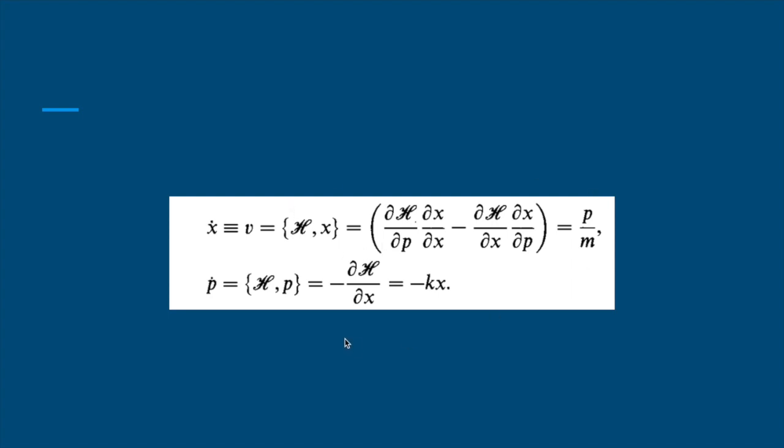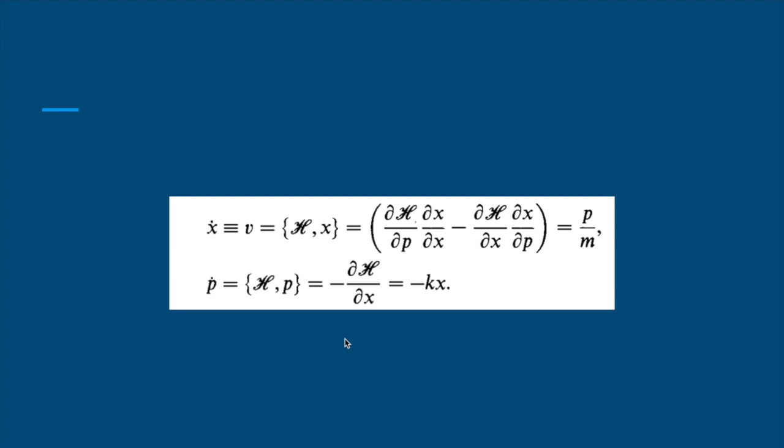Now that we have this, we can write a linear equation in terms of C1 and C2. I will come to what C1 and C2 are. So x of t and p of t are assumed to be proportional to e to the power minus i omega t. So we will have x of t equal to C1 e to the power minus i omega t and p of t equal to C2 e to the power minus i omega t.